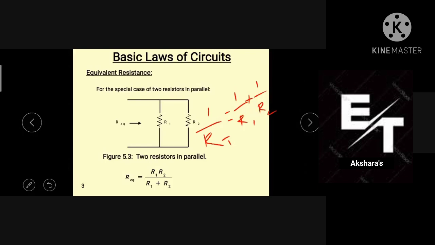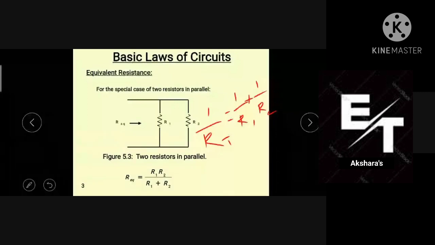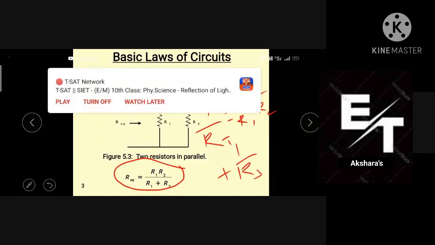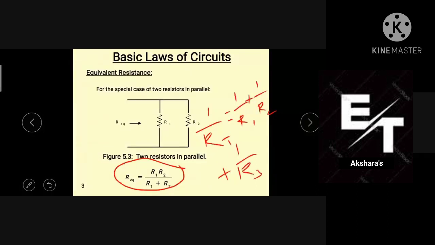Now you have to see another formula for parallel combination. Whenever two resistors are given, you have to write this formula also. It is only for two resistors, not for three resistors. If you are taking three resistors, you just have to add 1 by R3. This is the best suitable formula for parallel combination.